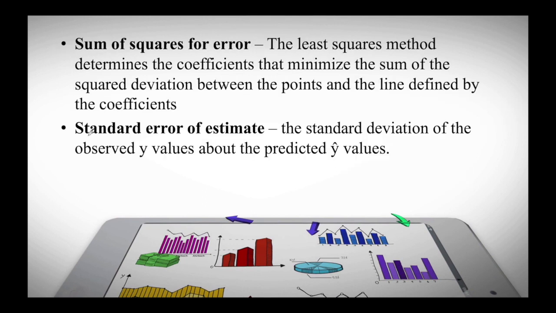Okay? So, next, we have here another term. When we say sum of squares for error, the least squares method determines the coefficients that minimize the sum of the square deviation between the points and the line defined by the coefficient. Now, the standard error of estimate is the standard deviation of the observed y values about the predicted y hat values.